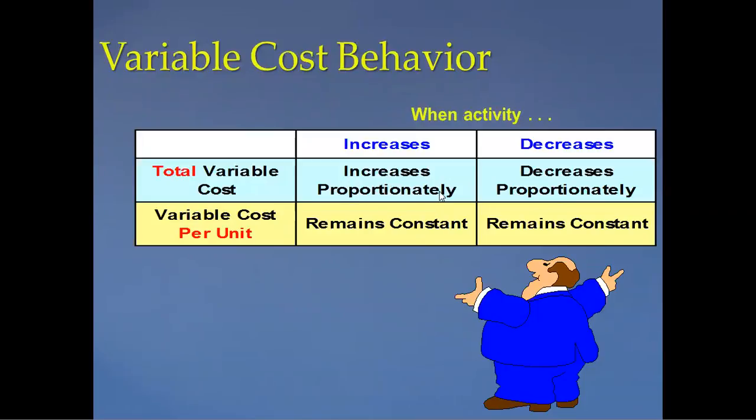That's what proportionately means here. Likewise, if the volume goes down, the total variable costs will go down accordingly. So if the volume or activity is cut in half, the total variable cost will be halved. On a per unit basis, variable costs remain the same. But again, in total, it goes up or down in proportion to increases or decreases in activity.